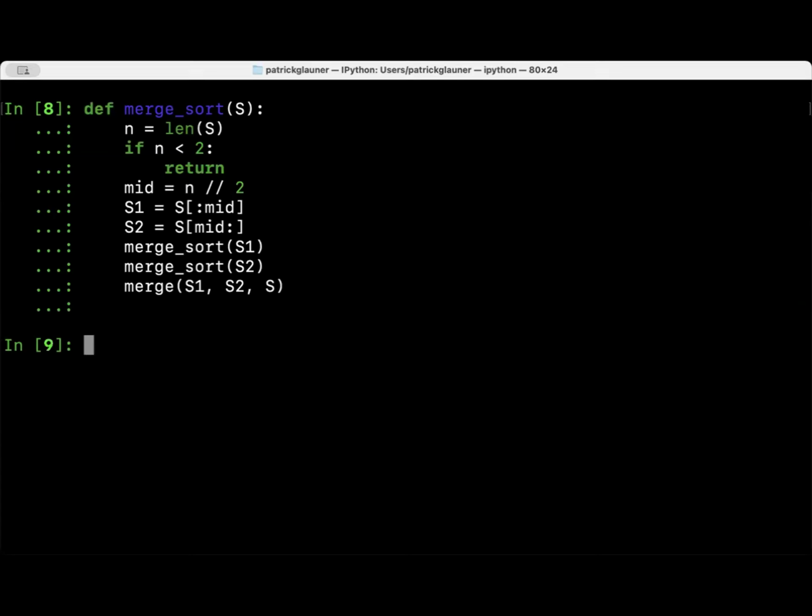Are you surprised that the merge sort can be implemented that easily with just approximately 10 lines of code, 2, 4, 6, 8, 10? If you feel this is surprising, well, this is the power of recursion.